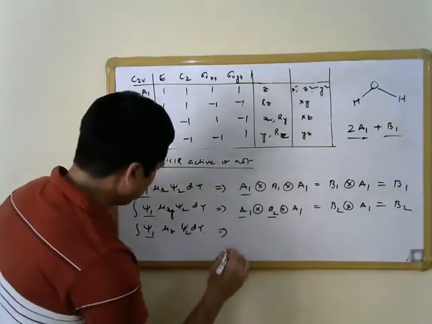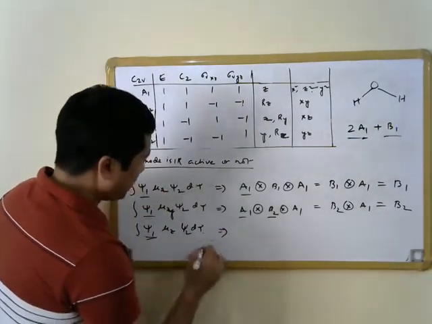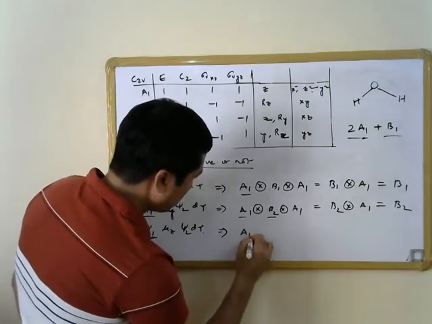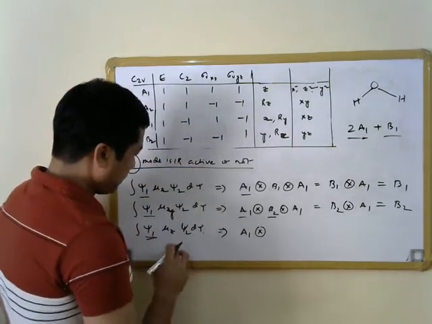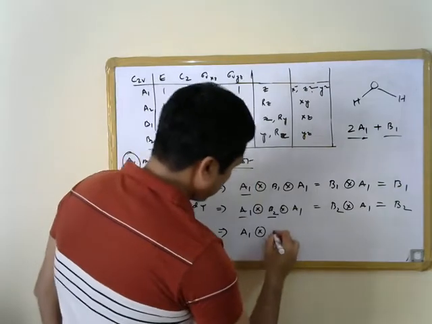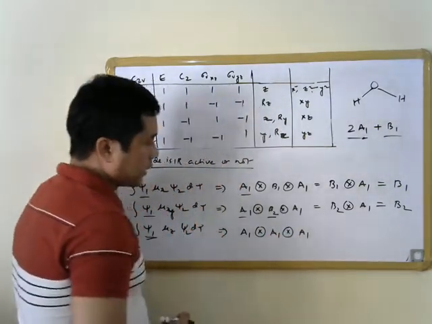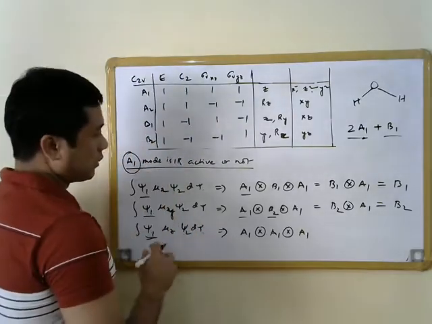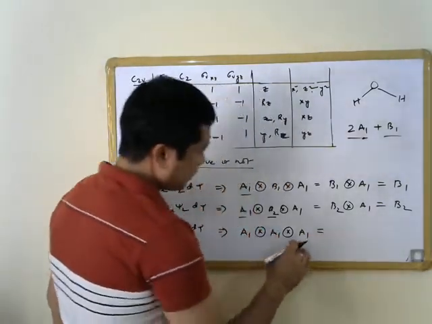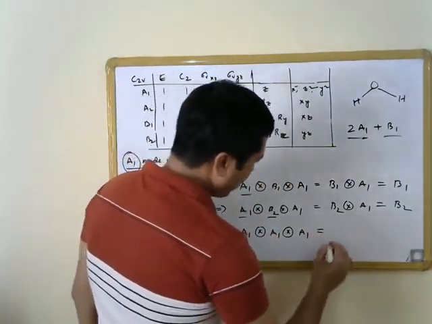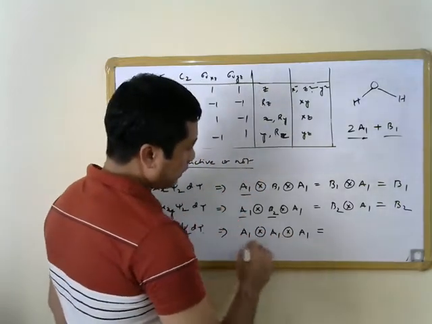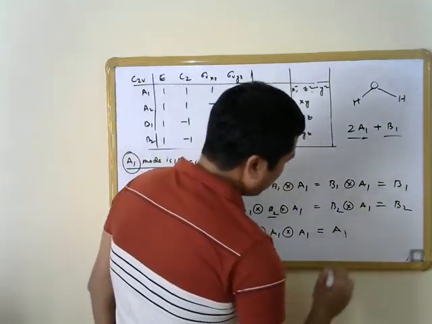Then for the third integral, ground state A1, mu z, z is A1, then A1 higher vibrational mode. So that is why we write A1 over here, and this we can figure out easily is going to be equal to A1.